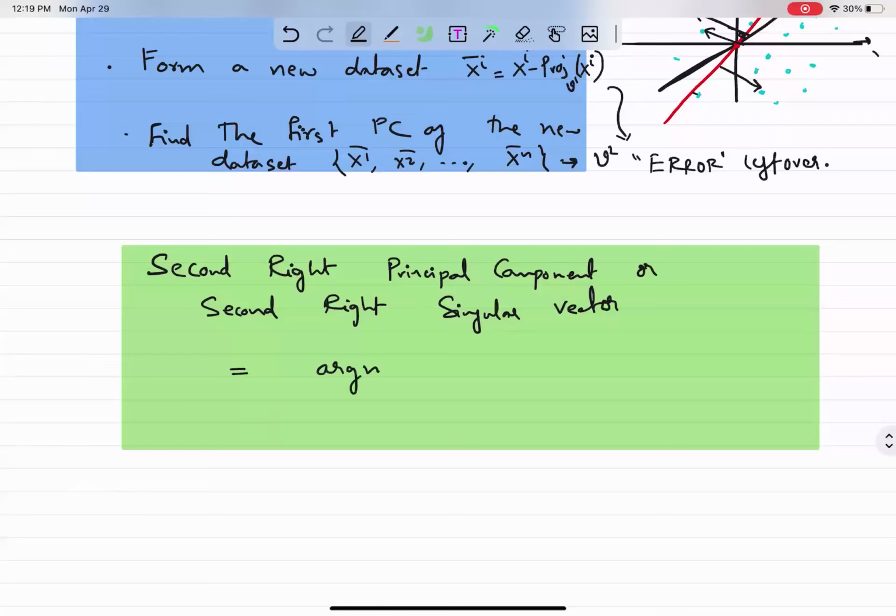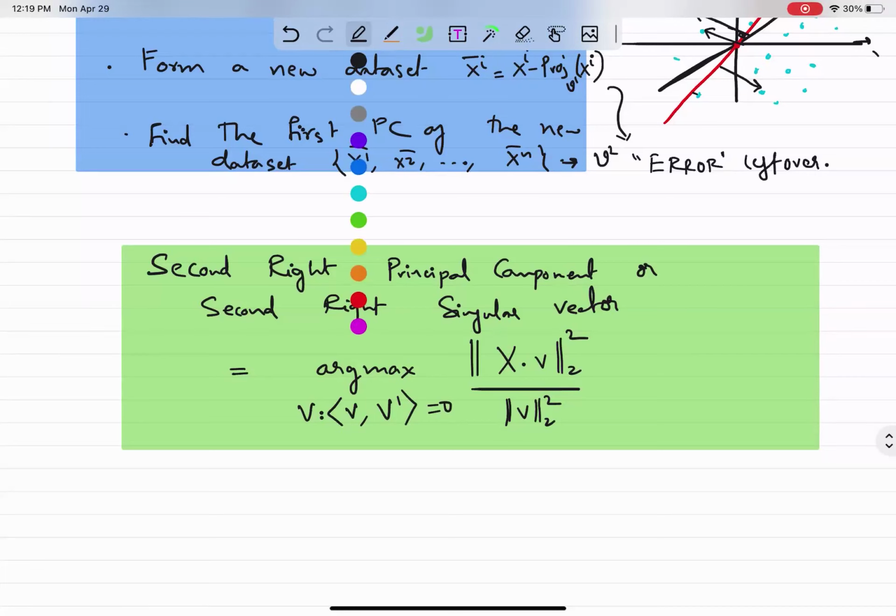This would be any vector which maximizes the length of x times v relative to its own length, just as we did for the first principal component. But we're going to insist that the vector v be perpendicular to v1. So this is the part which says that v is perpendicular to the first principal component.